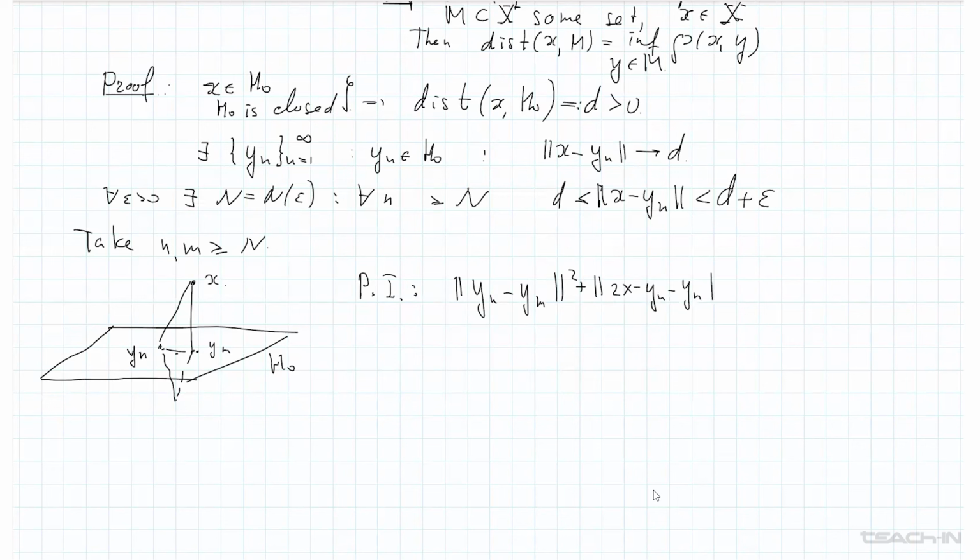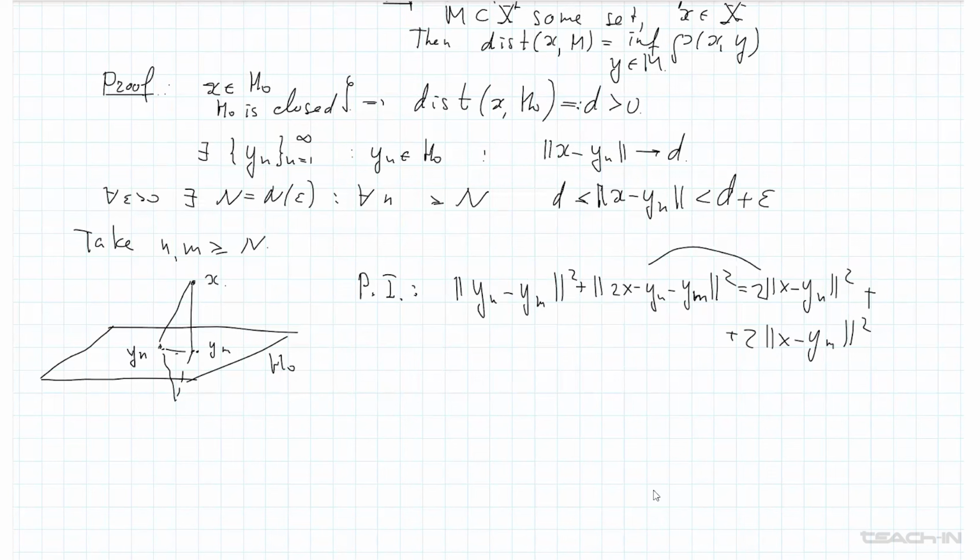And it is equal to x minus Yn squared and double plus this. Is this formula clear? It is the parallelogram identity. It is diagonals and these edges, and this is some picture for this formula. Then what do we take?